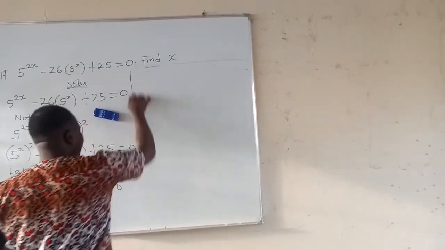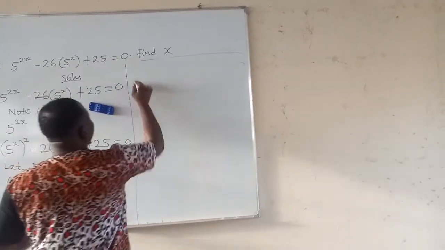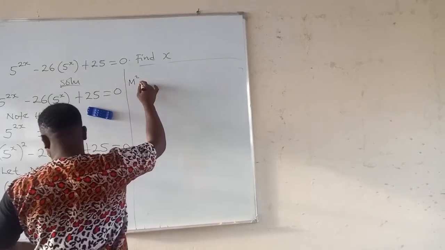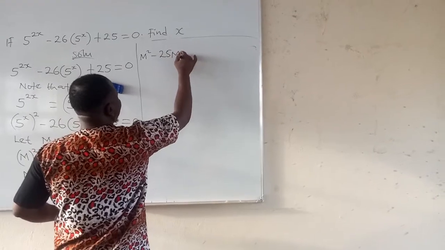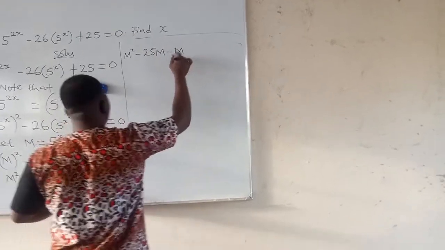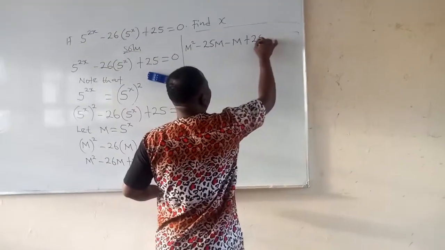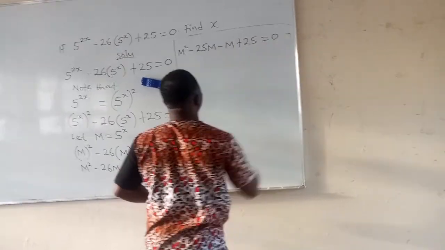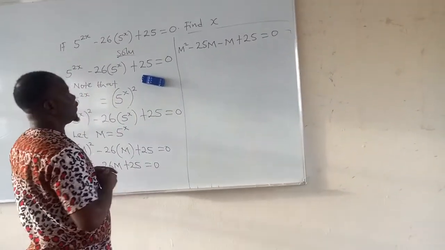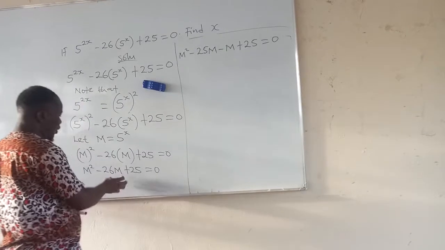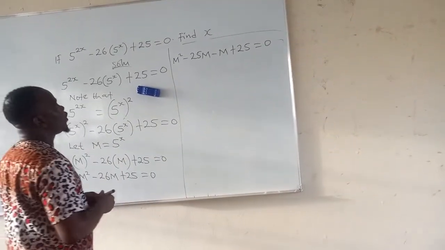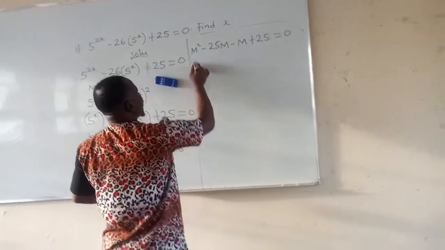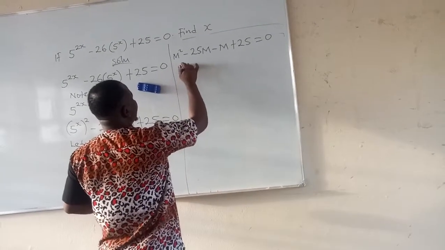It implies that we are going to have m squared minus 25m minus m plus 25 equals 0. Is that clear? If you compare this equation with this one, you discover that they are the same thing. So this could be written in this form.